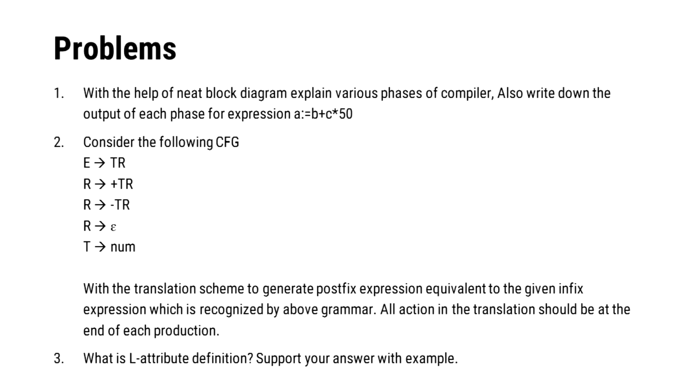All actions in the translation should be at the end of each production. So in this problem, they gave us one CFG, and this CFG represents all infix expressions only including plus and minus signs, not any other signs.